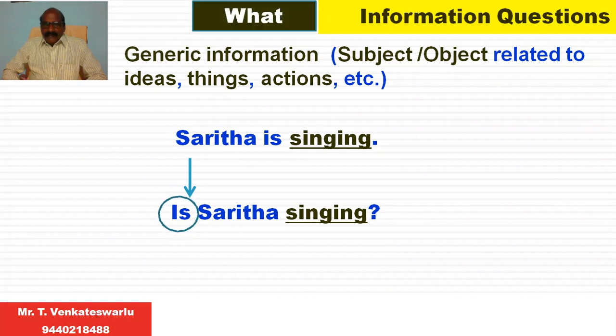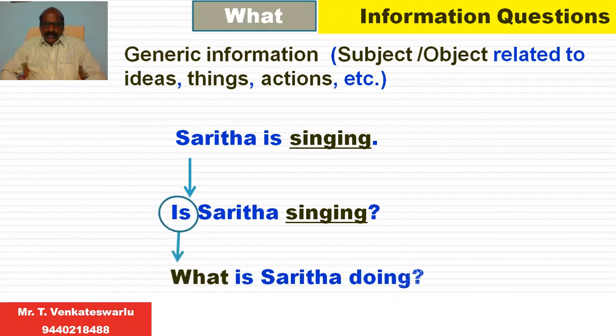As the underlined part is related to action, we have to use the right question word at the beginning by prefixing what to the yes or no type question, and the verb singing is replaced by doing, and singing is deleted. Whenever a verb is underlined, we have to use doing.